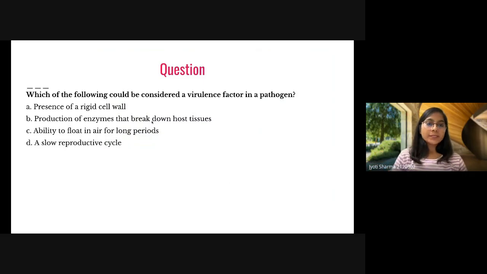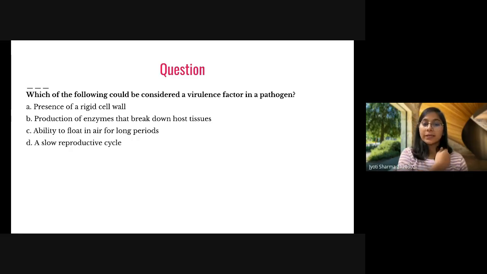Okay, next is: which of the following could be considered a virulence factor in a pathogen? The options are: A, presence of a rigid cell wall; B, production of enzymes that break down host tissue; C, the ability to float in air for long periods; and D, a slow reproductive cycle. A pathogen has multiple virulence factors that can give you the disease.